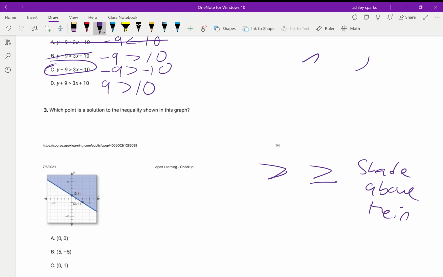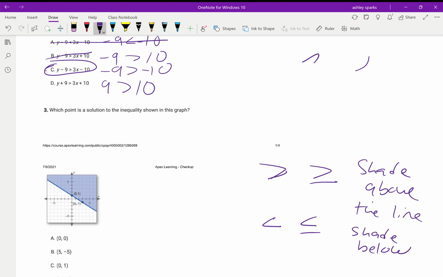Oh, the line. Eraser. The line. And so anytime we have a problem, say like D here, that would have been shaded above because we have an above line. If you have less than or equal to, you shade below.